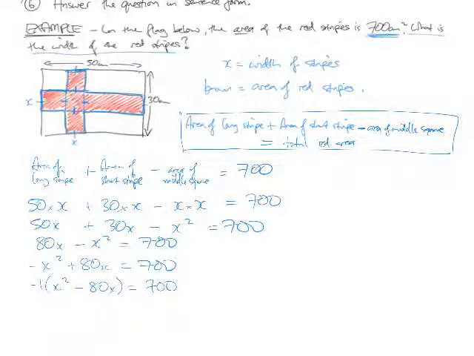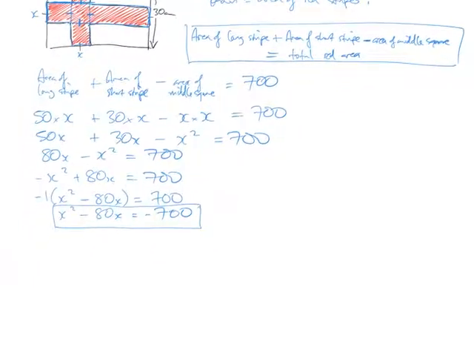Opposite of timesing something by negative 1 is dividing by negative 1. So if I divide both sides by negative 1, you're going to end up with that. So that's my quadratic equation. I'm going to solve for x to work out the different possible widths that it could be.